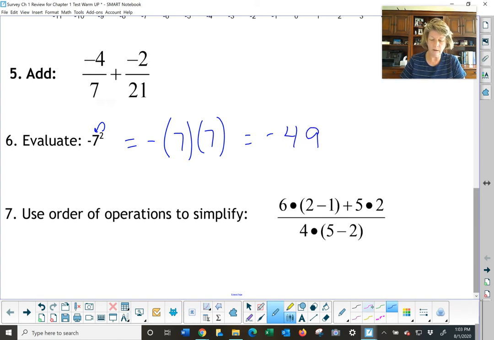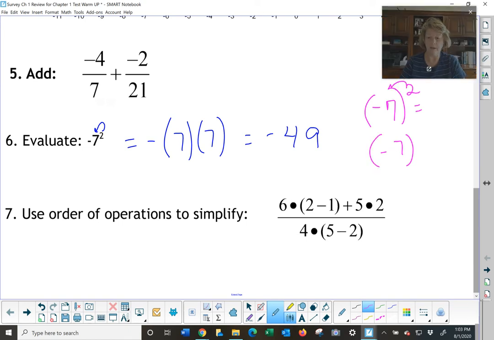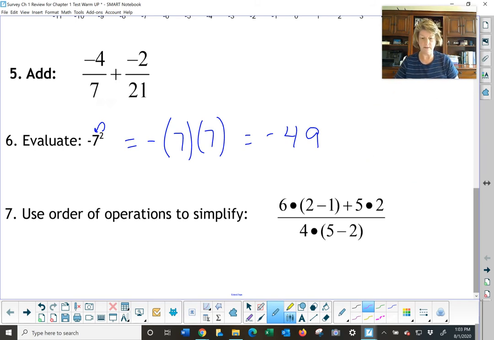When would I have included the negative as getting squared? If I had a scenario that looked like that, where it is negative 7, all of it getting squared. Okay, so I'd have negative 7 times negative 7, positive 49 in that case. So just know the difference. Watch what's included in the squaring.